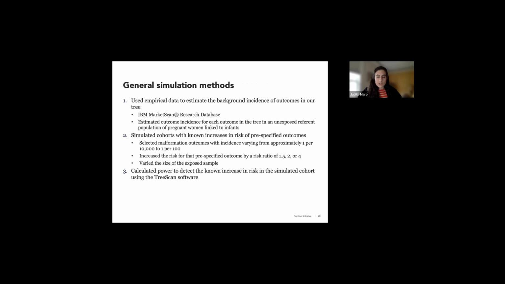We simulated these cohorts with known increases in particular outcomes. What I mean by that is we injected risk in particular outcomes that we pre-specified at varying levels so that we could then check TreeScan's ability to pick up that injected risk. And we used software functions that are native to TreeScan itself to look at this power.